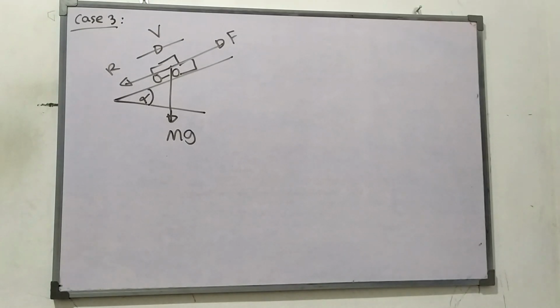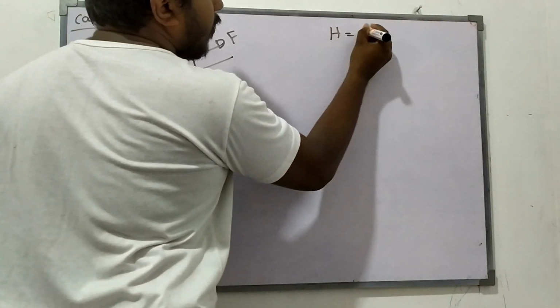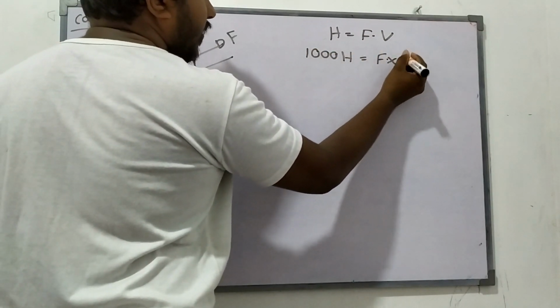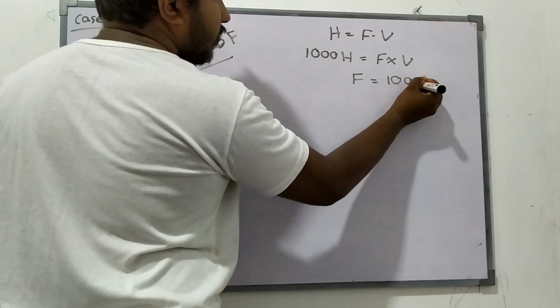Again H equals Fv, 1000 H equals F into v, so F means 1000 H over v.